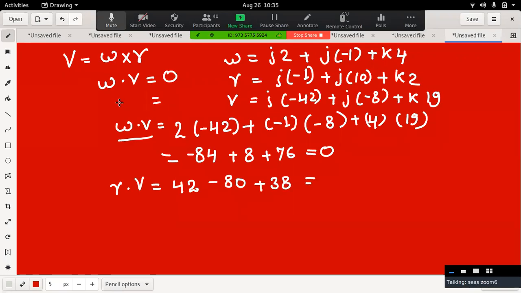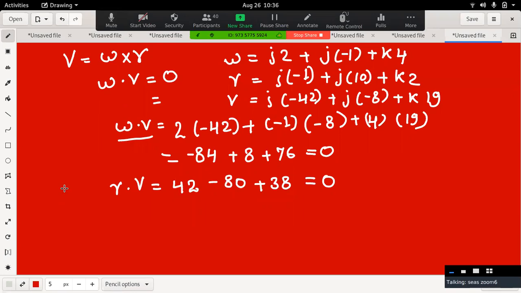So this is again 0, and therefore our calculation of the cross product was correct. So both the cross products and dot products can be used simultaneously to verify the answers which we have done using the cross product.